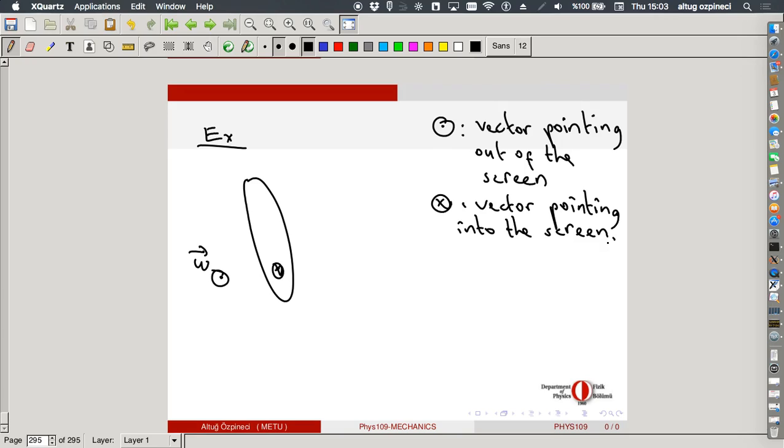If this is the angular velocity vector, is this object rotating clockwise or counterclockwise? If the angular velocity vector is pointing towards you, that is your thumb of your right hand pointing towards you, and your fingers show how the object is rotating. So it's rotating like this, that is the counterclockwise sense.